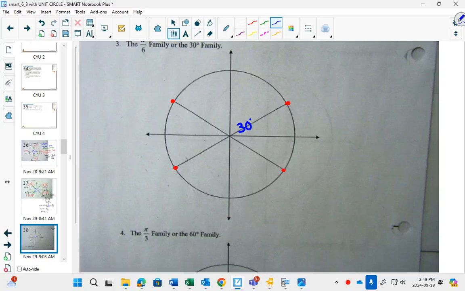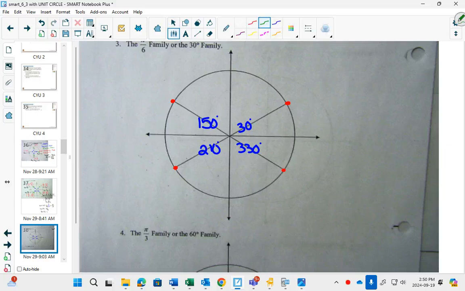So can you label the other 3 degrees? Check how you did. Did you get 150 degrees, 210 degrees, and 330 degrees?